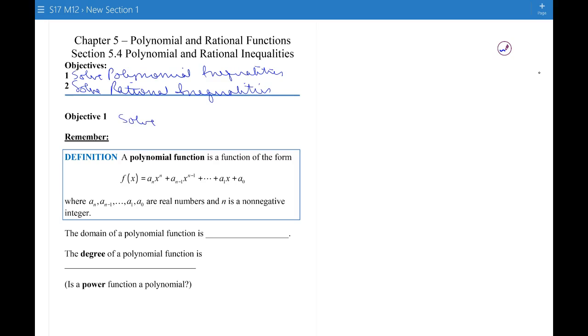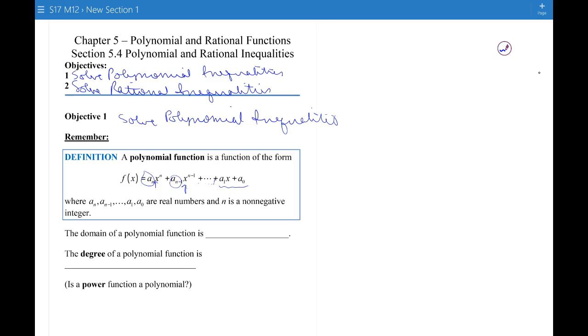So these are a little more complex than what we've been doing. So we need to get a strategy in place. And remember what a polynomial is: a function of the form some constant times x to the nth power plus a different constant times x to the next smaller power, and so on down to a1x plus a0, although a polynomial can be as small as just a0.